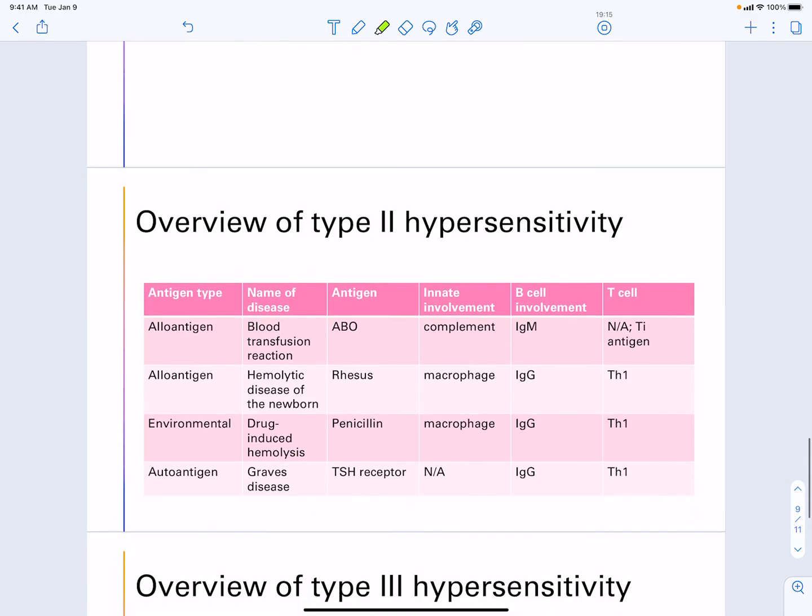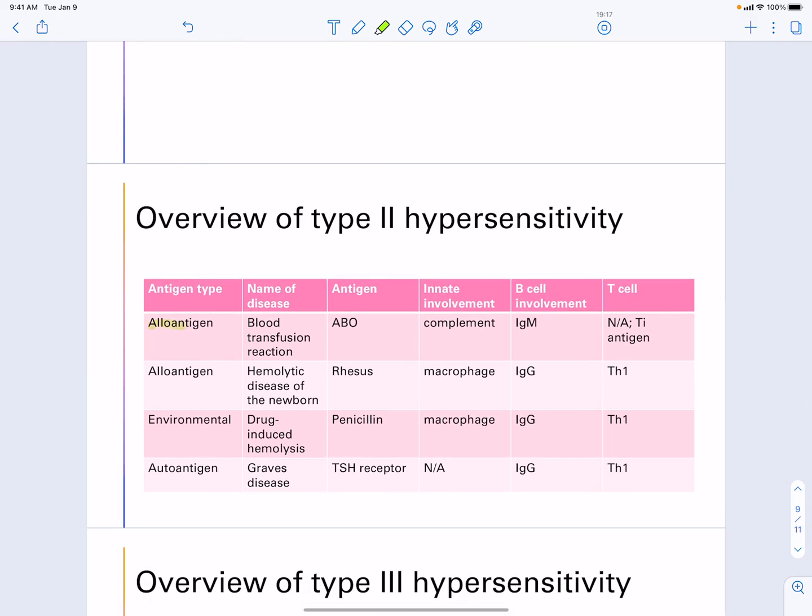Type 2 hypersensitivities, we have alloantigens, as well as environmental antigens, as well as autoantigens. For alloantigens, this is going to cause blood transfusion reactions or rejections, and ABO is going to be the antigen typically in target.